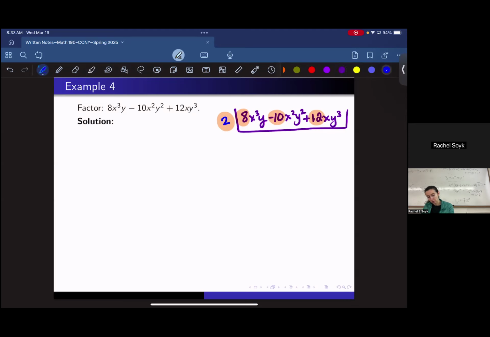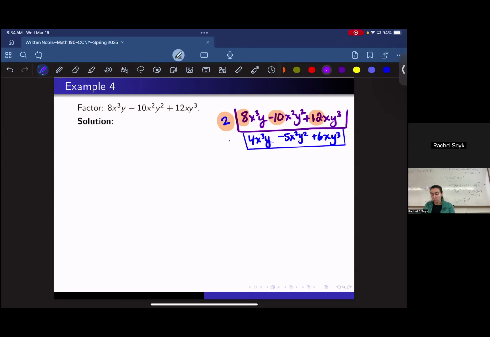We pull out 2, and we're left with 4x to the third y minus 5x squared y squared, plus 6xy to the third. You can keep the operations in, that won't affect anything. Now that the coefficients are relatively prime to one another, let's just focus on the variables.